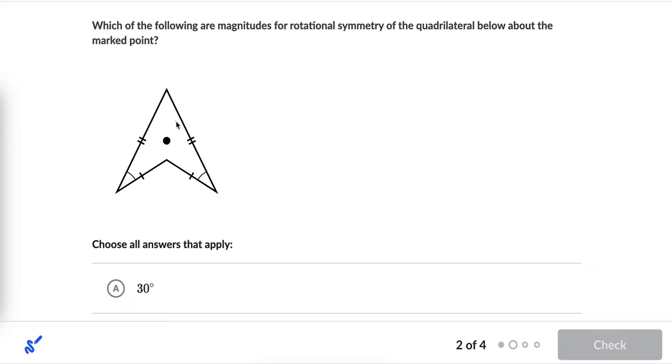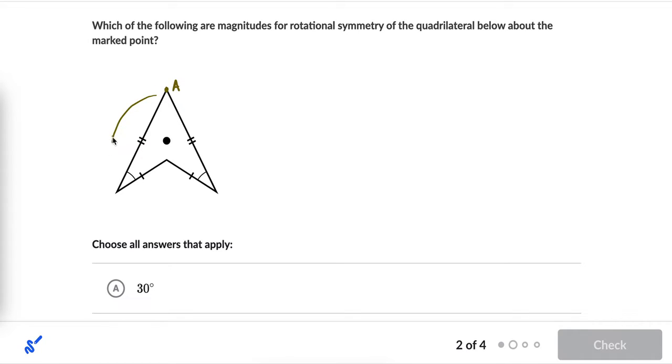So interestingly, if we are to rotate this first vertex right around the center right here, okay, we're trying to find a point where we can map vertex A onto a vertex that is identical to it. Notice that these two angles are congruent, whereas the angle about vertex A is non-congruent.